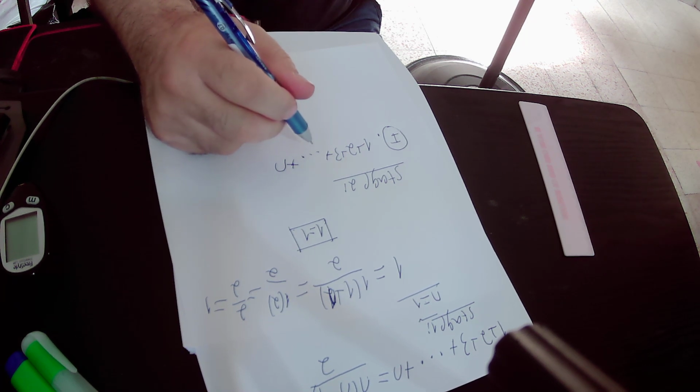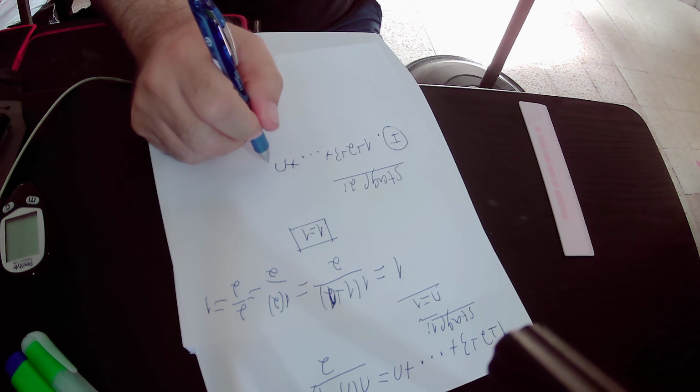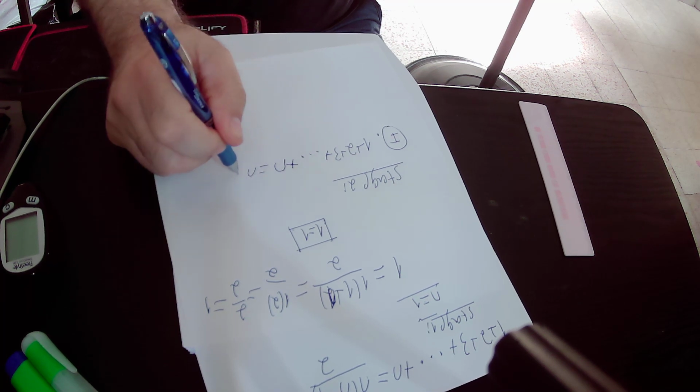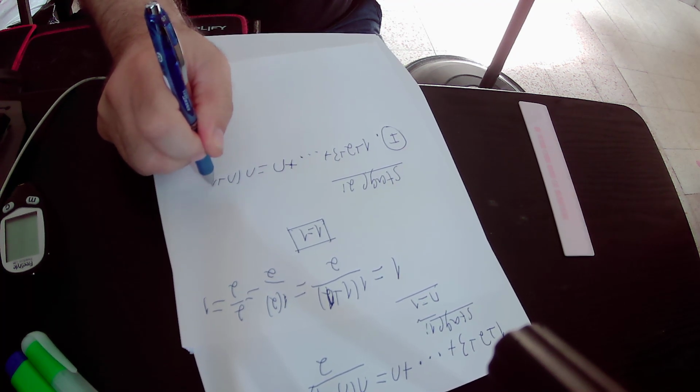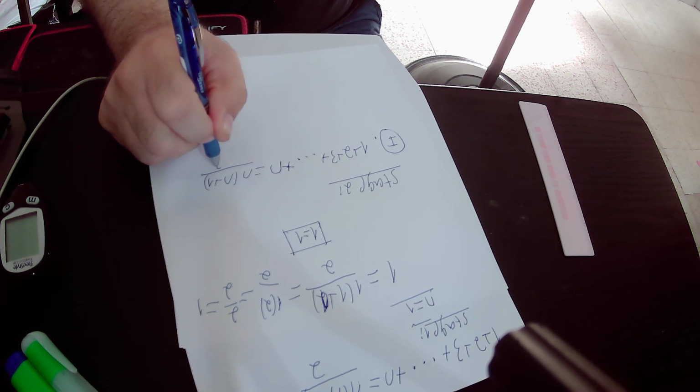So it is 1 plus 2 plus 3 plus ... plus n equals n times n plus 1 divided by 2.